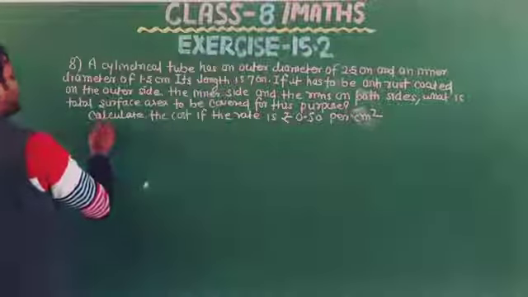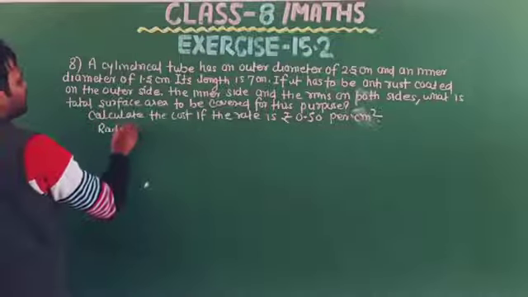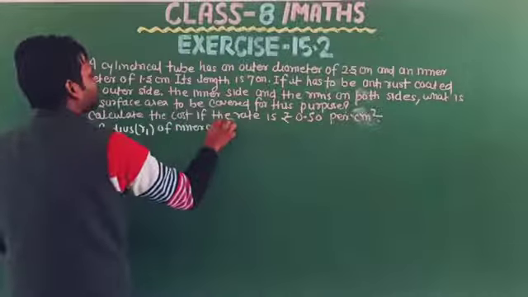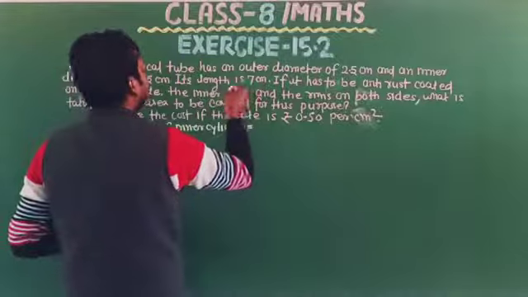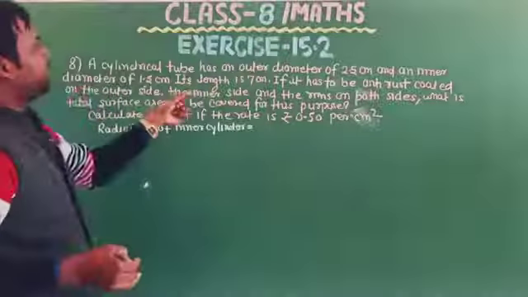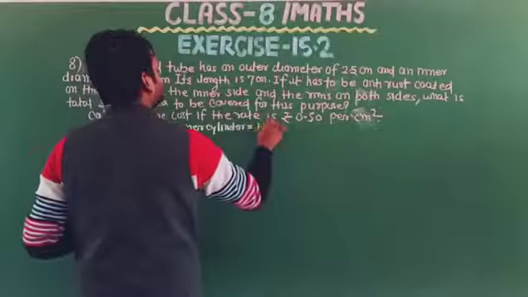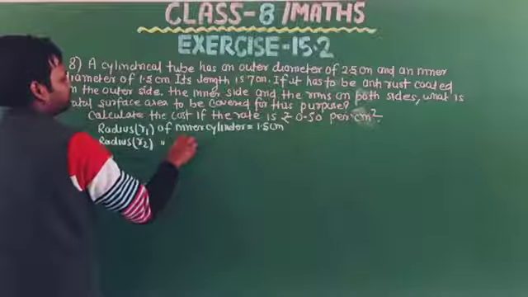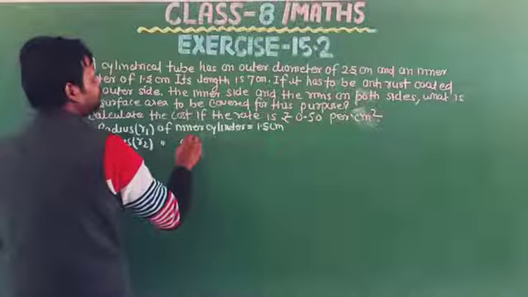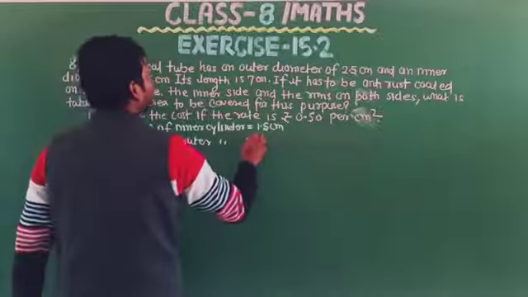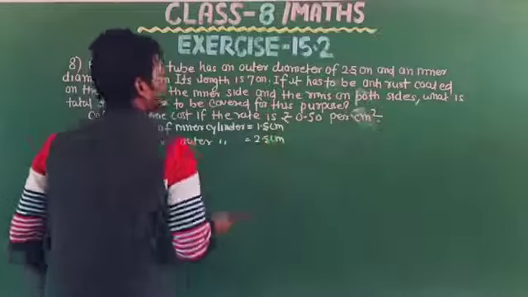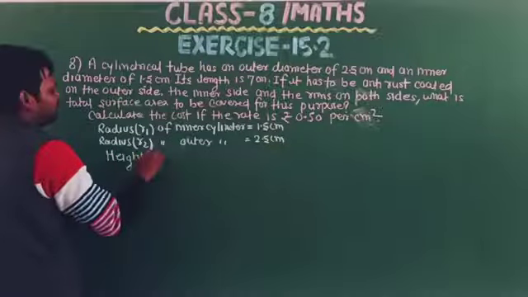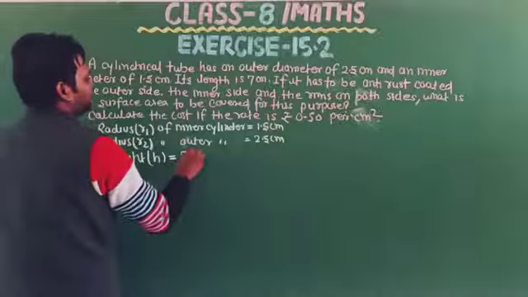Okay, so we are given radius R1 of the inner cylinder equal to 1.5 centimeter, and radius R2 of the outer cylinder equal to 2.5 centimeter, and height h is given to us, this is 7 centimeter.